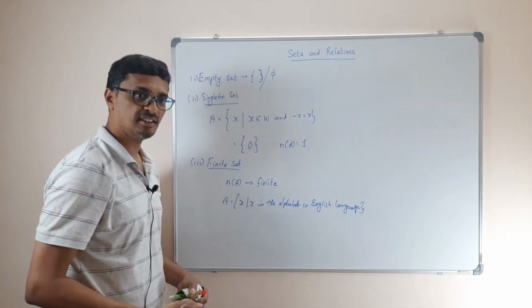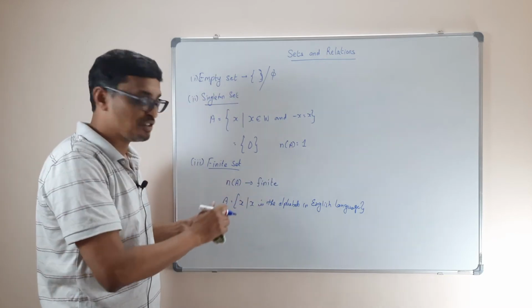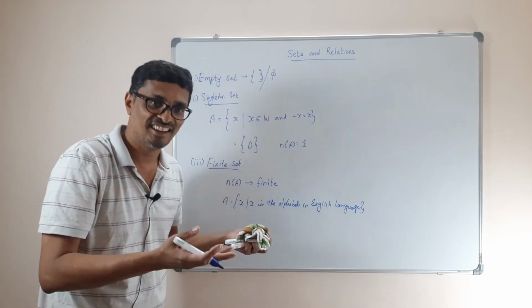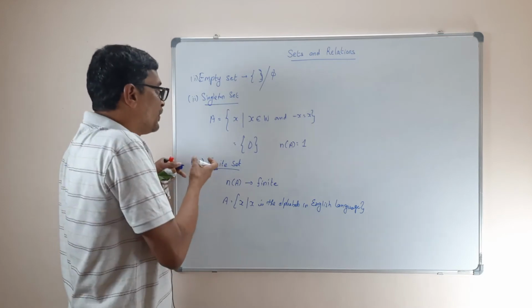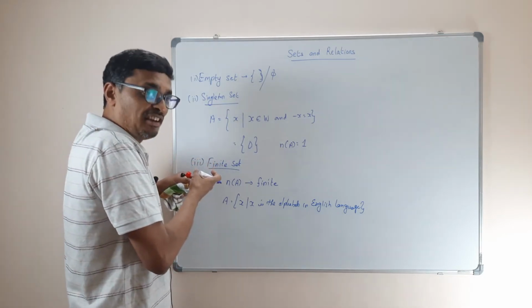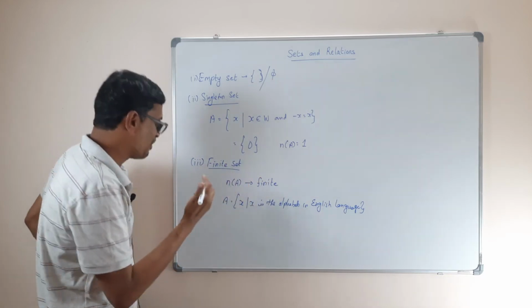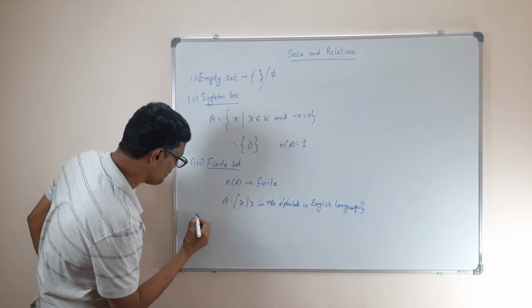Is it a finite set? Yes, of course, it's a finite set because n is not going to be infinite. The numbers on a die, these are all finite sets. So this is a finite set. Once I define the finite set, can you tell me what the next set I can define will be? The infinite set. Because if the number of elements is infinite, then I call that an infinite set.